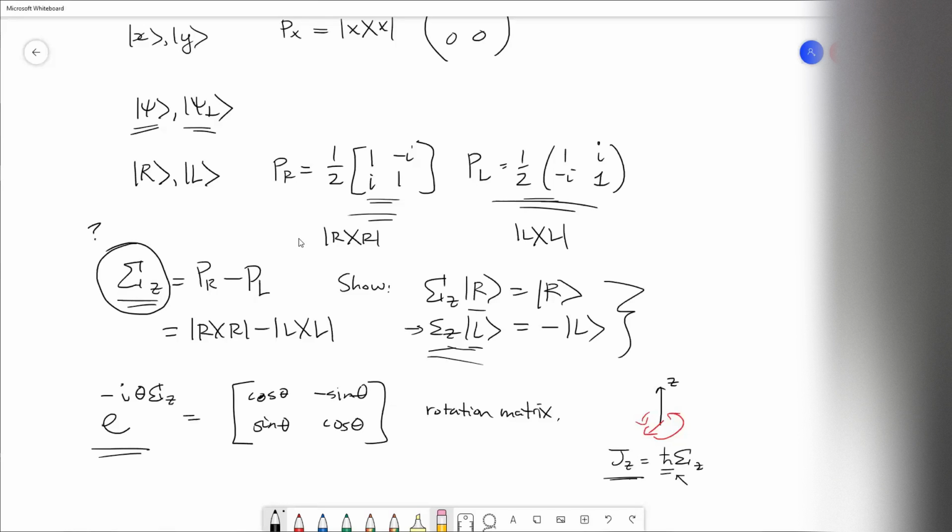Here we see that they're the right and left circularly polarized light, where the polarization vector is rotating in a circle. So it has something to do with rotation, and unsurprisingly, that's the angular momentum. That's the physical quantity associated with this Hermitian operator.